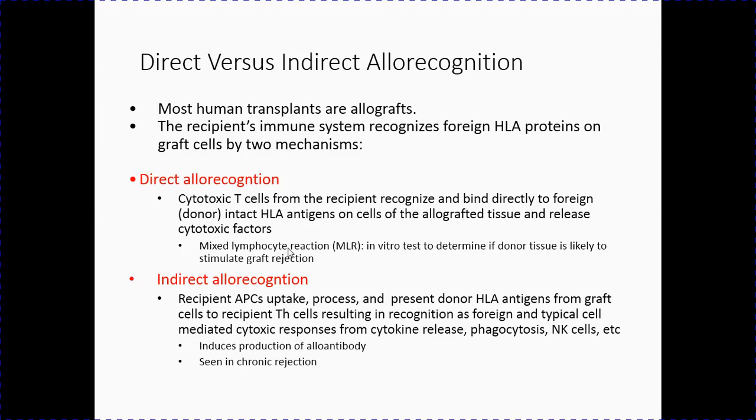So this indirect allorecognition can mediate either antibody production or a cell-mediated type of response. So those are the two processes, but the indirect is really going to be from T helper cells, not cytotoxic, and it's going to be some kind of secondary response, like I said, of cytokine production and chemokines and things like that.